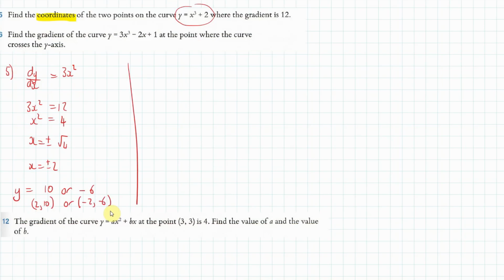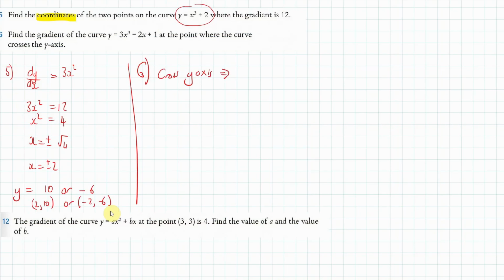So that's 5. Now let's take a look at number 6. The gradient of the curve, find the gradient at the point where the curve crosses the y-axis. Okay, well, where does it cross the y-axis? When x is equal to 0, right?